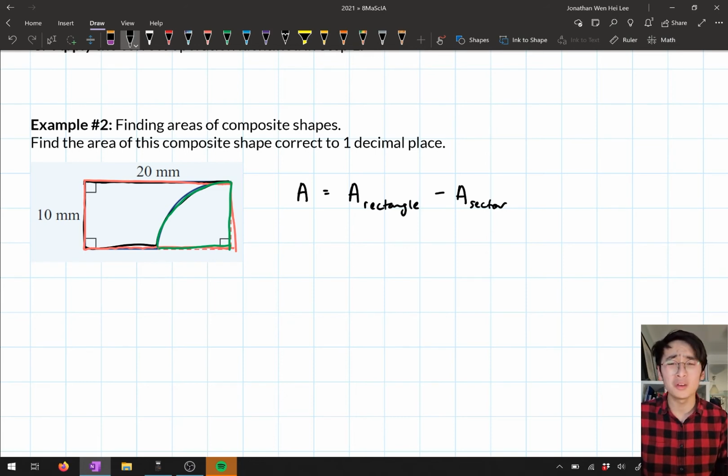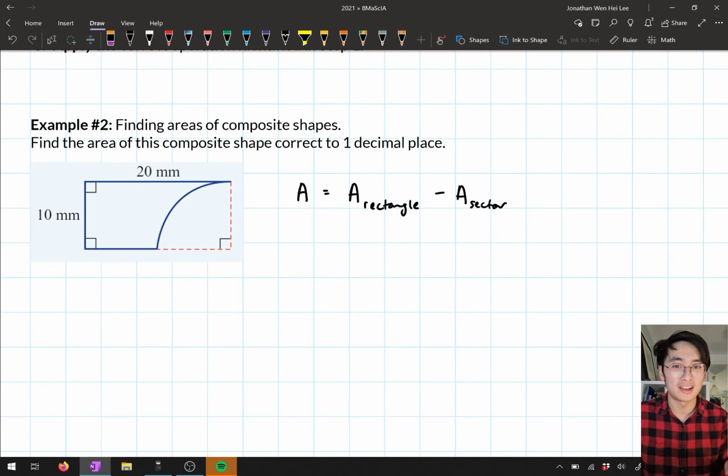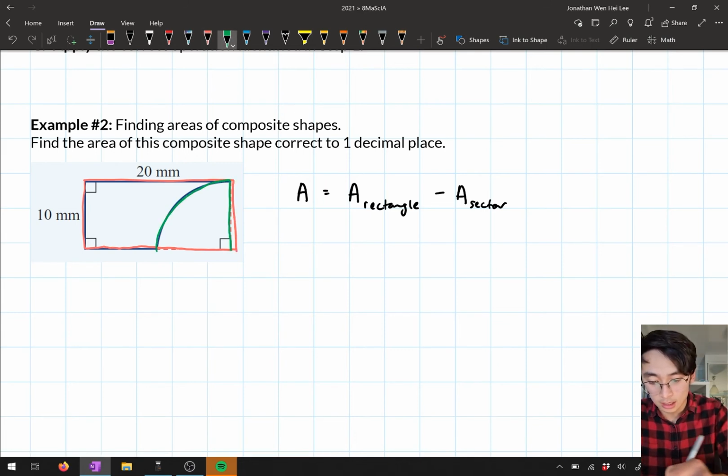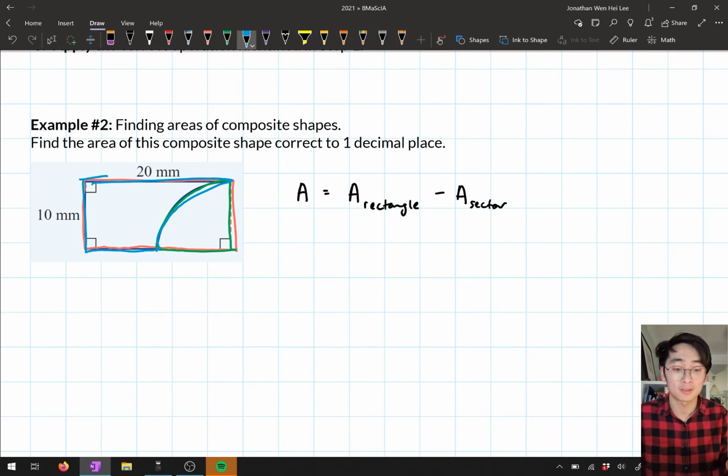Oh yeah, before I move on, what we've actually done here, in order to get that blue line shape, was we took the area of the rectangle, and then from that, we got rid of this quadrant or this sector here. So we take away that sector and then we're left with just this part over here, which is the area that we want to find. And so that's why we are going to be subtracting the two.